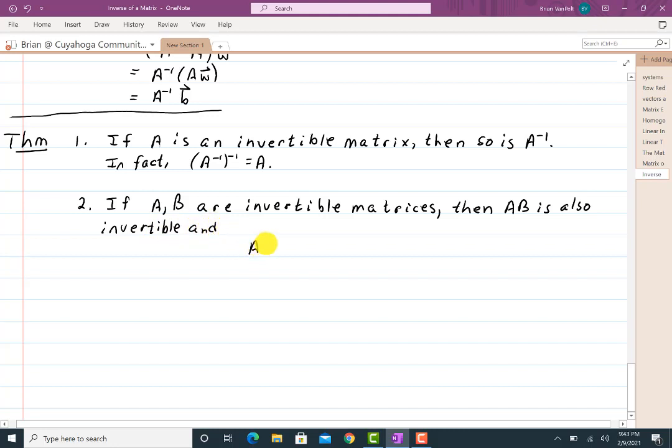And the inverse of AB is B inverse times A inverse. Just like the transpose, it has a reverse kind of property going on.